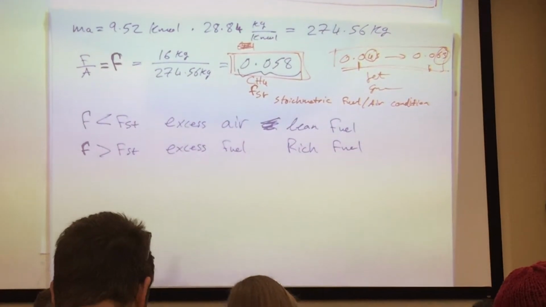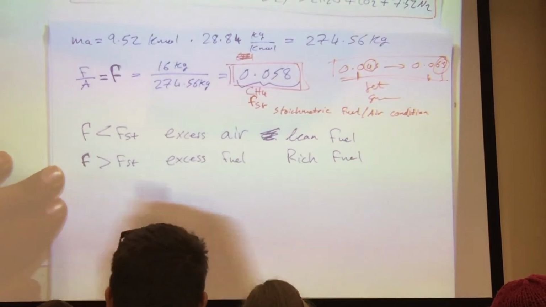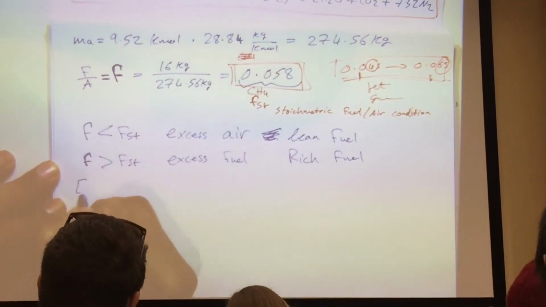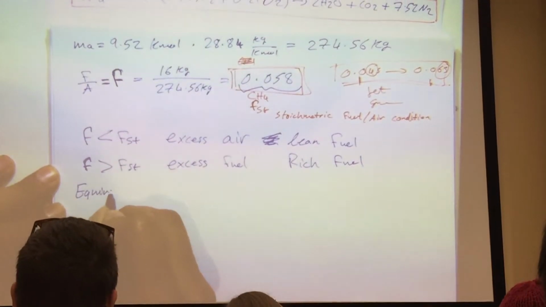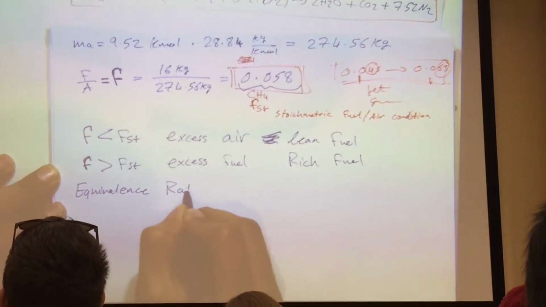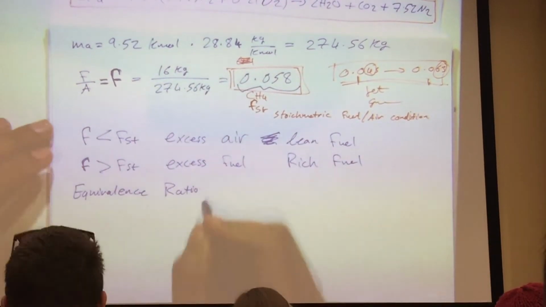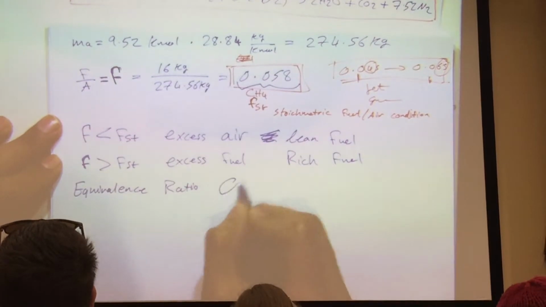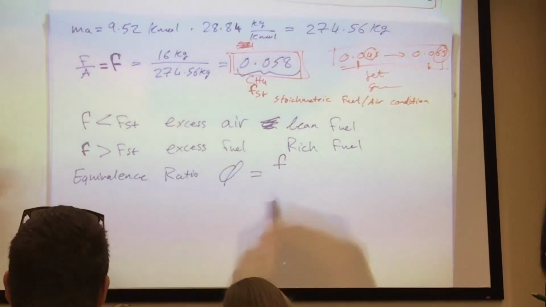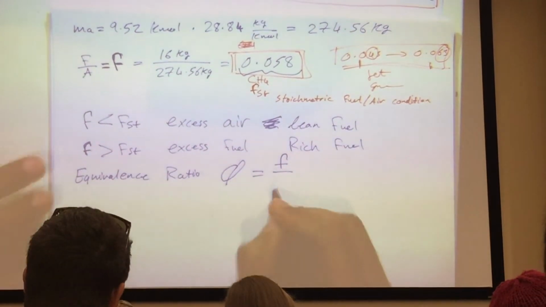Okay, so let's outline the equation for it. What we characterize it by is the equivalence ratio. This is what we're talking about, which characterizes the ratio of this relative to this. So essentially, phi is equal to F, the one I computed, relative to my ideal condition where I burnt everything, so F stoic.